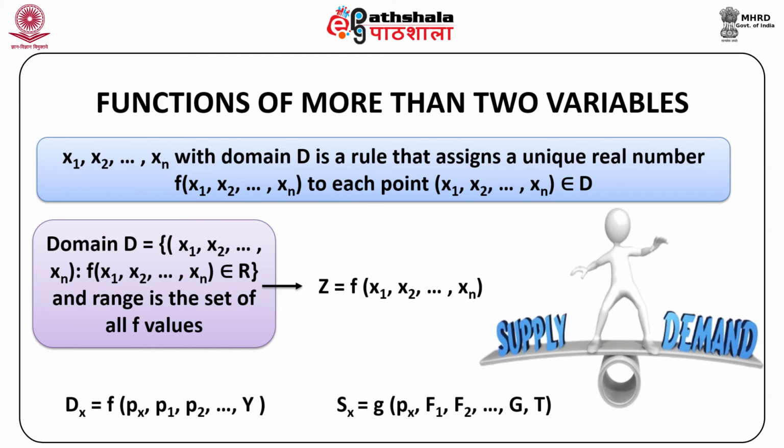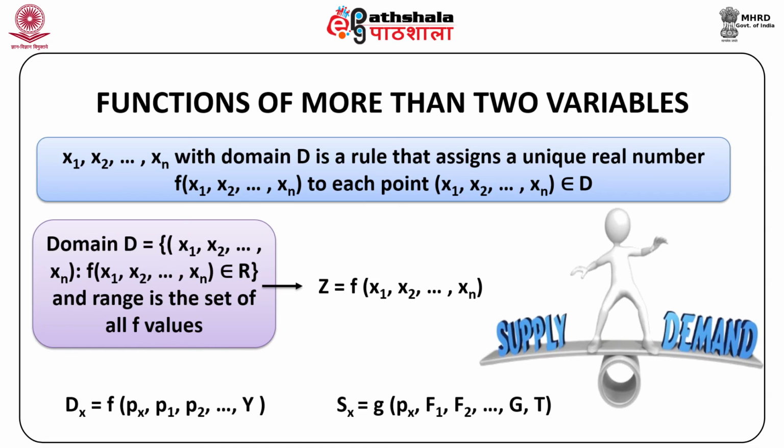A function f of n variables, say x1, x2 till xn, with domain D is a rule that assigns a unique real number f(x1, x2 till xn) to each point (x1, x2 till xn) belonging to D. Domain D is equal to the set of (x1, x2 till xn) such that f(x1, x2 till xn) belongs to R, and range is the set of all f values. We can write z is equal to f(x1, x2 till xn).